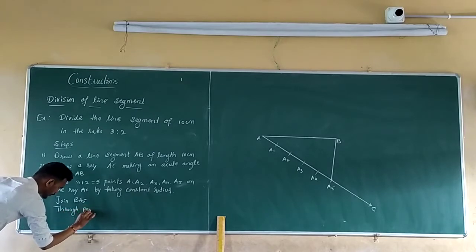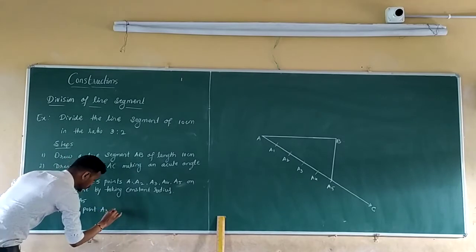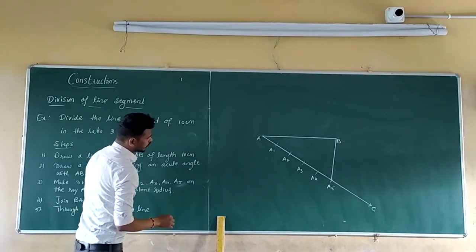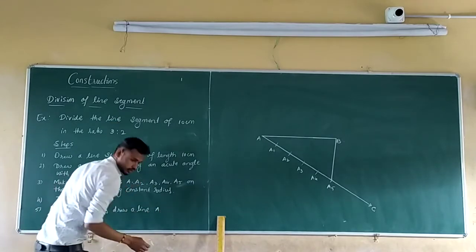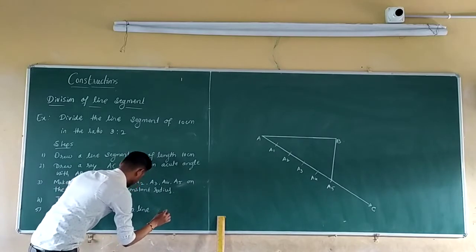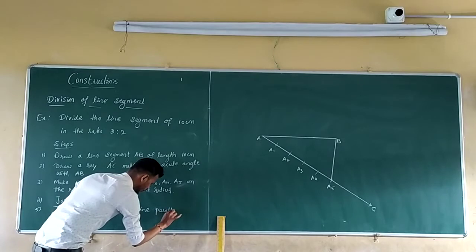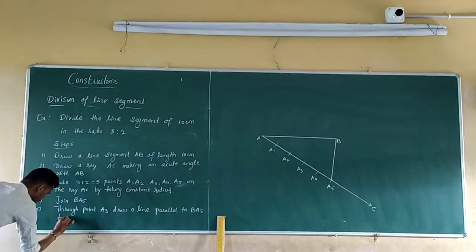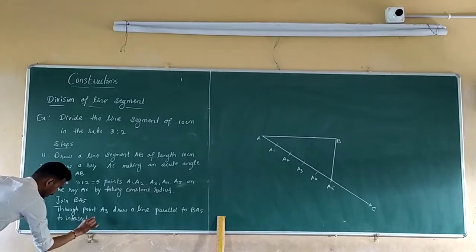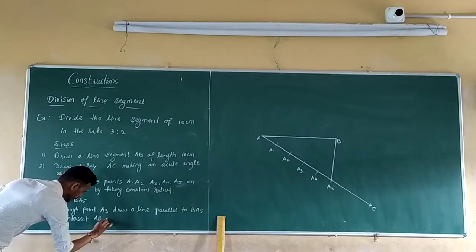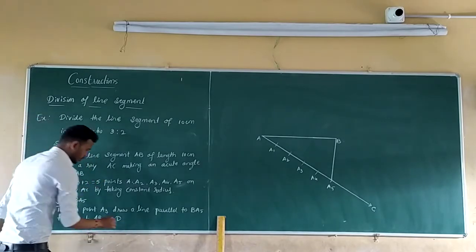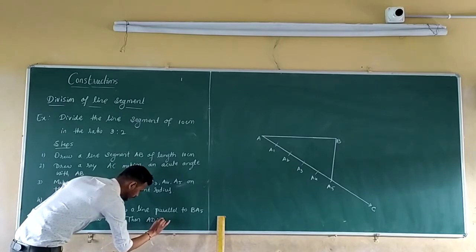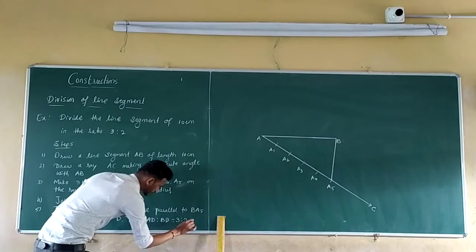Through point A3, draw a line parallel to BA5 to intersect AB at D. Then AD is to BD equals 3:2.